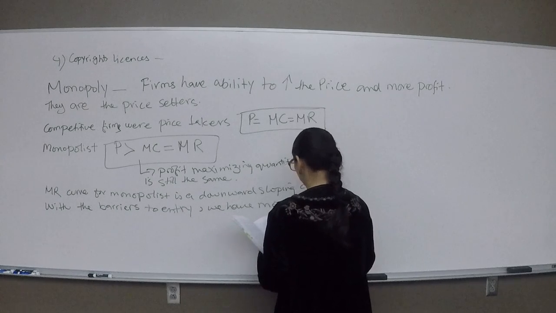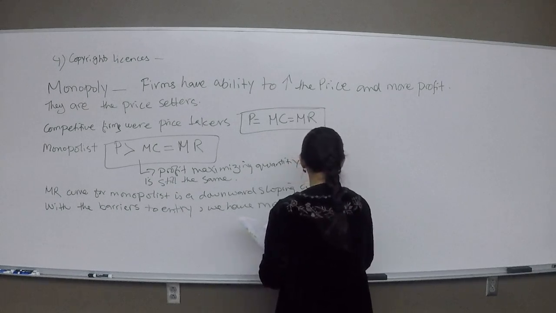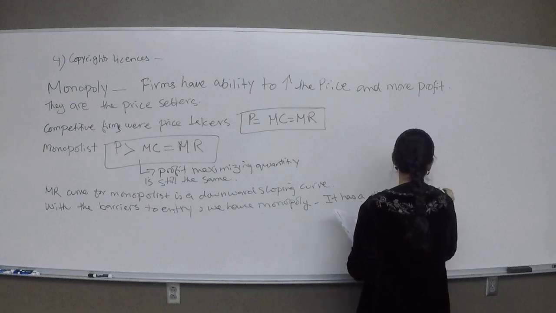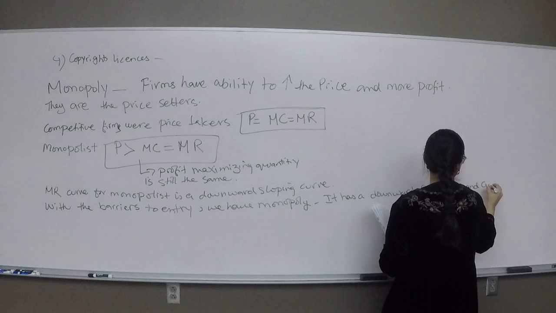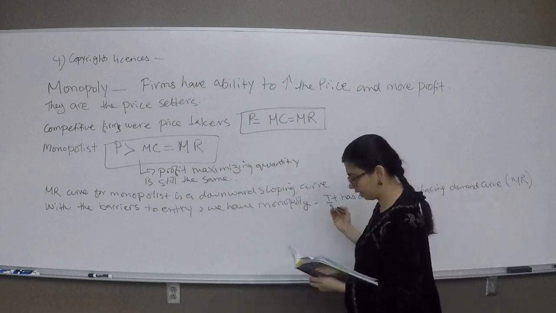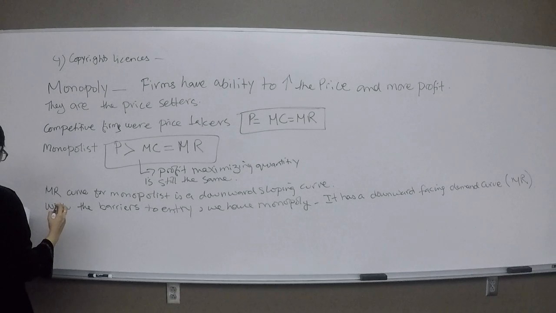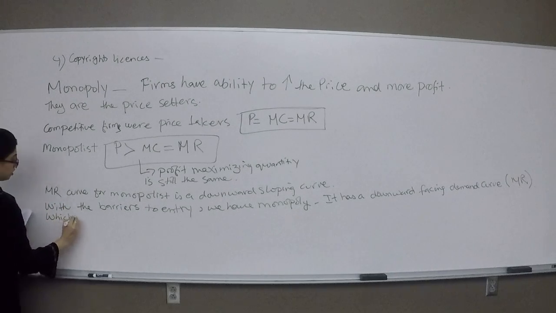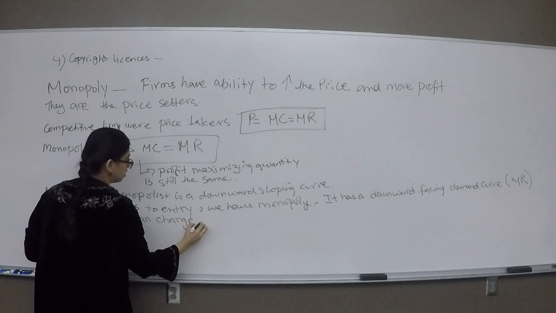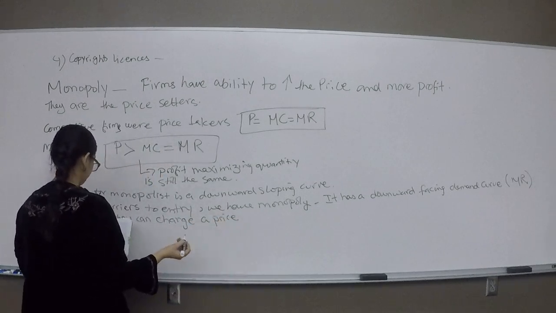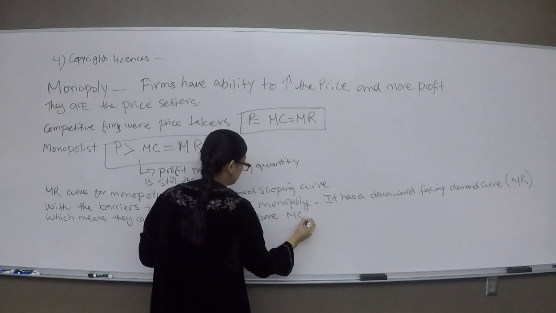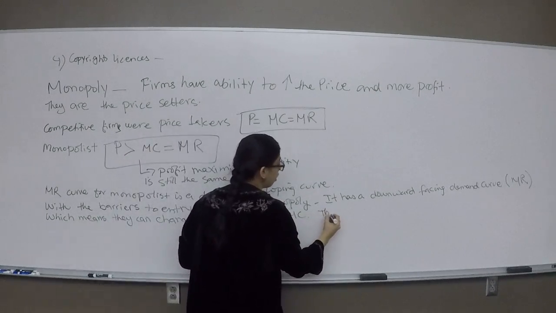And it has a downward facing demand curve, or the marginal revenue curve, which means that they can change a price, they can charge a price above marginal cost. They are price setters.